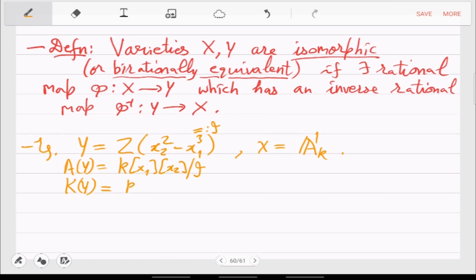So you will get k(x1), the function field, and mod I, which is the same as k(x1), and also you have introduced now the square root of x1.